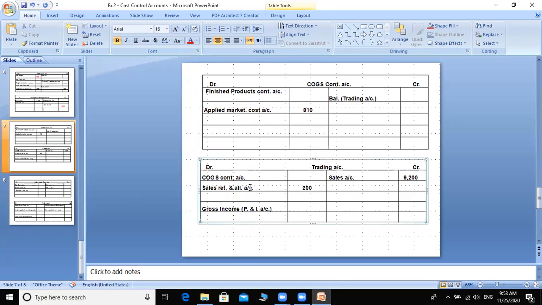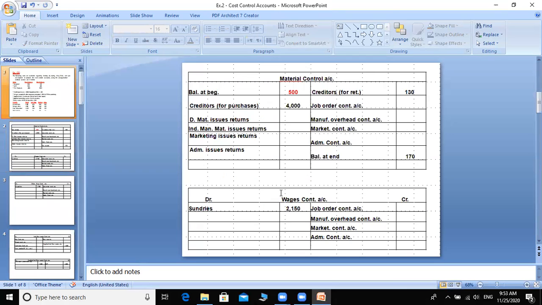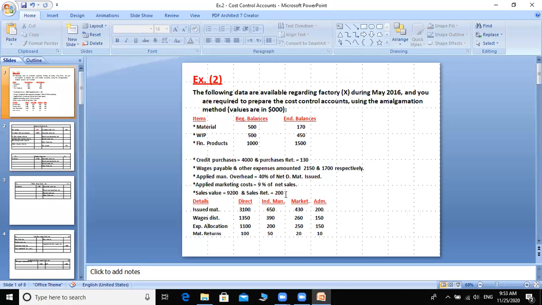He said sales return only, there is no allowances. So sales return account 200 and sales in the trading account side 9,200. Again, it is 9,200 as sales and 200 sales return.